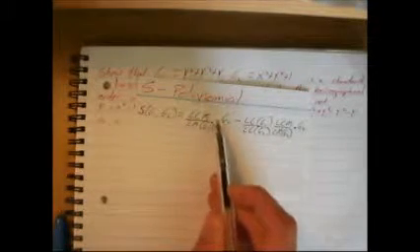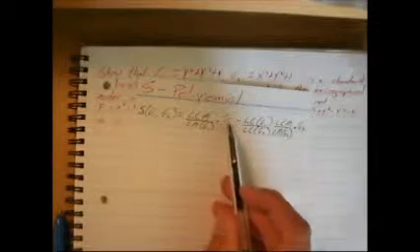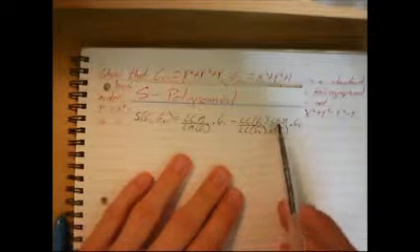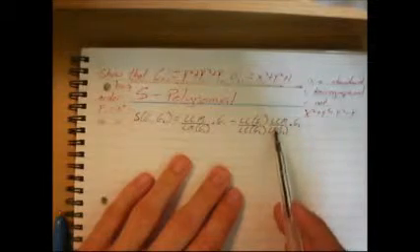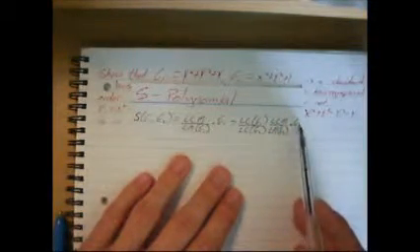So LCM over the leading monomial of g1 multiplied by g1 altogether, minus the leading coefficient of g1 over the leading coefficient of g2 multiplied by the LCM again over the leading monomial of g2 multiplied by all of g2.